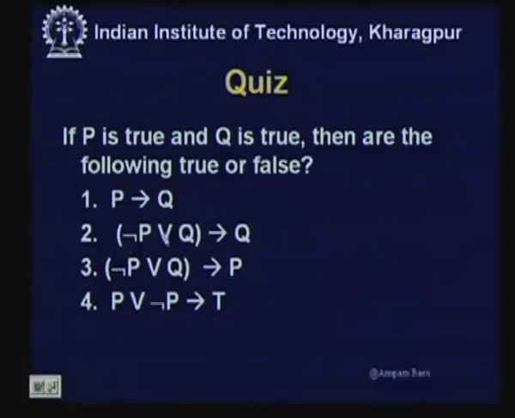Not P or Q implies Q. Not P or Q implies Q. The third one, not P or Q implies P. P or not P implies T. T is a logical constant, true. Okay. So, please note down. We'll discuss this in the next lecture.